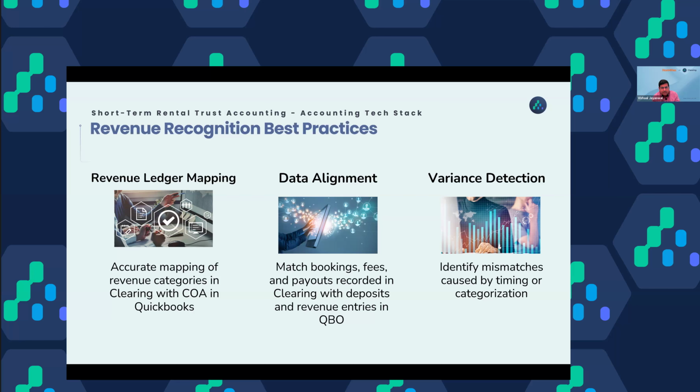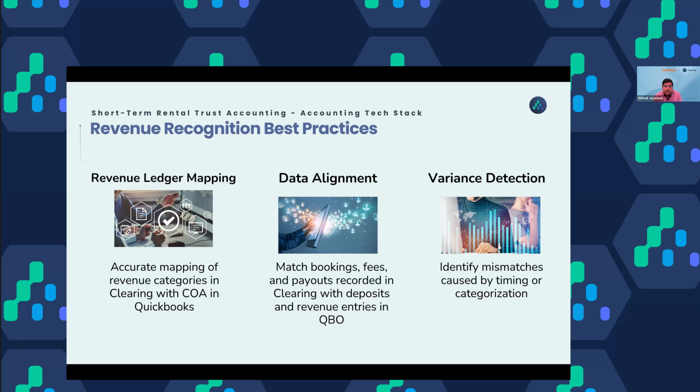So the first best practice is about revenue ledger mapping. You need to be very careful about making sure that your chart of accounts in QuickBooks and all the ledgers related to revenue in QuickBooks are exactly matched up correctly with Clearing. And also the expenses in QuickBooks that may be pushed into Clearing for reimbursables, you have to make sure those are matched up correctly.